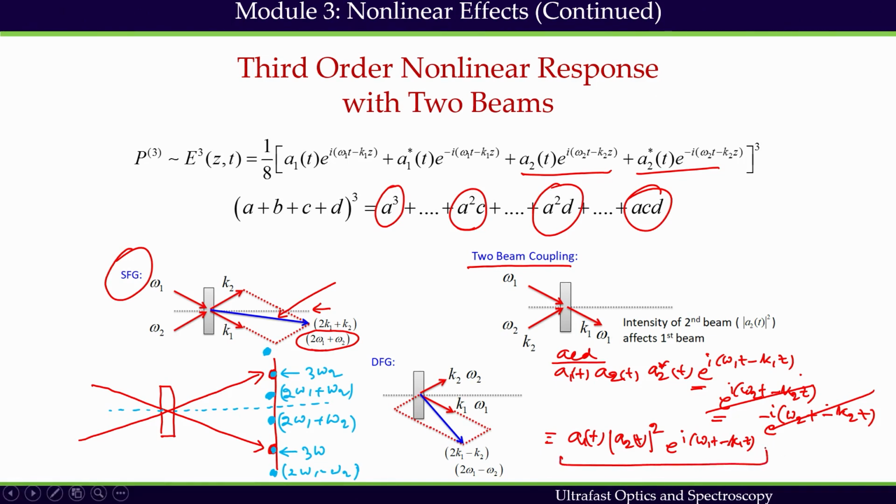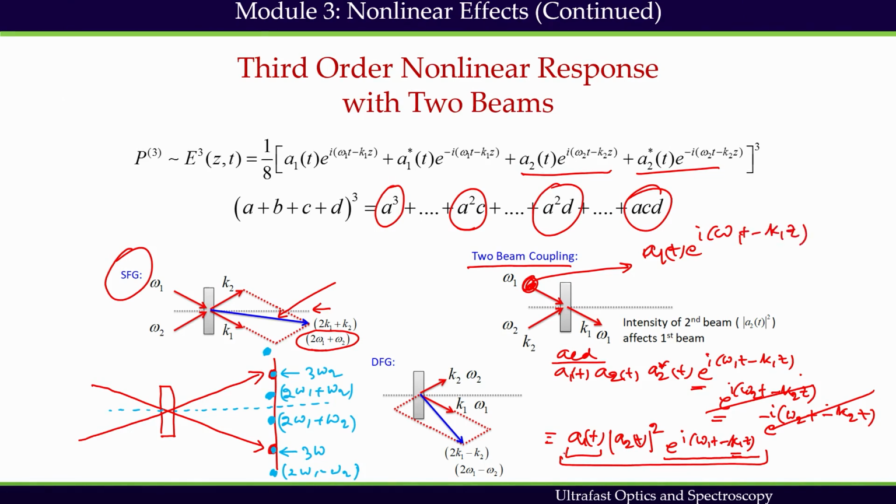So what does it mean? It means that I will get one more beam which will be propagating along the K1 direction. A1T e to the power I omega 1T minus K1Z is representing the first beam, because this input beam was nothing but A1T e to the power I omega 1T minus K1Z.